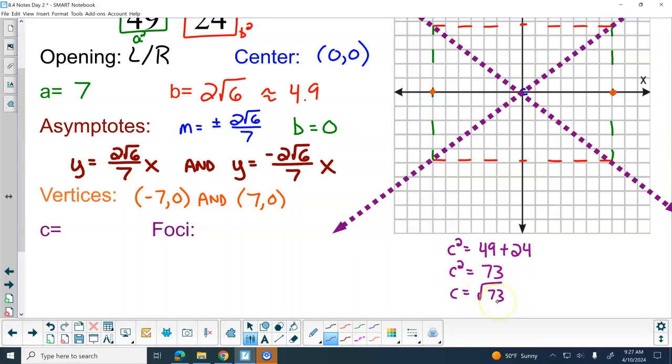Oops, I think I forgot step 6, which was the draw it in step.